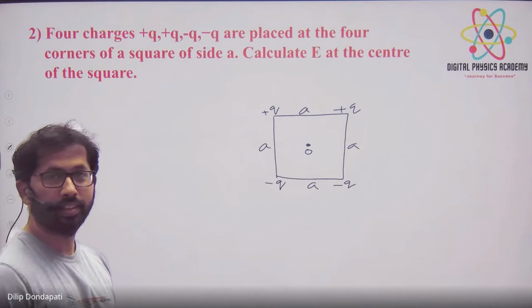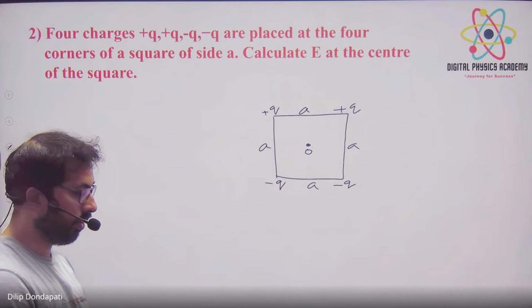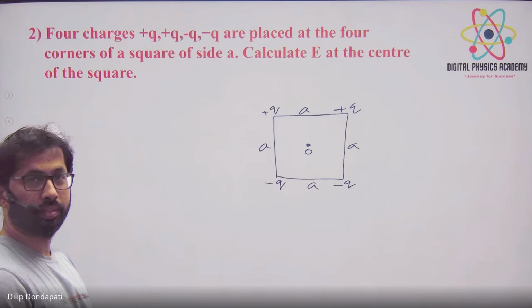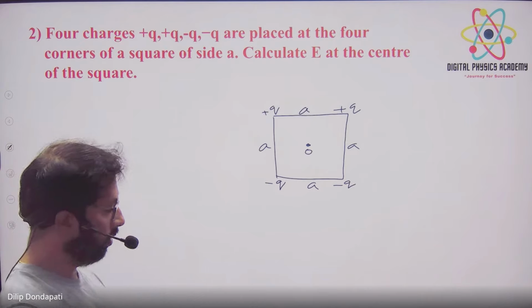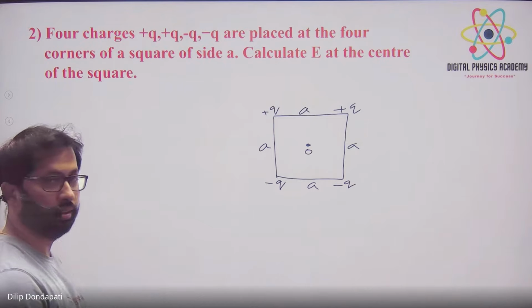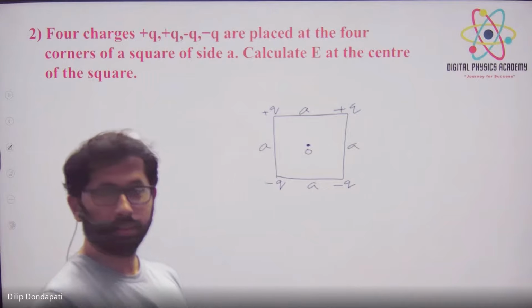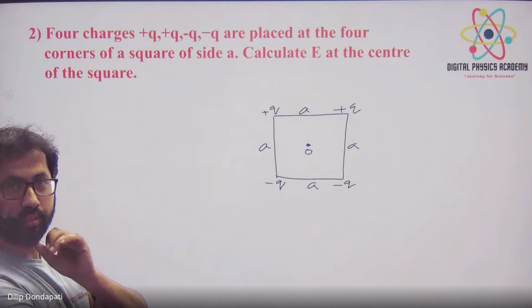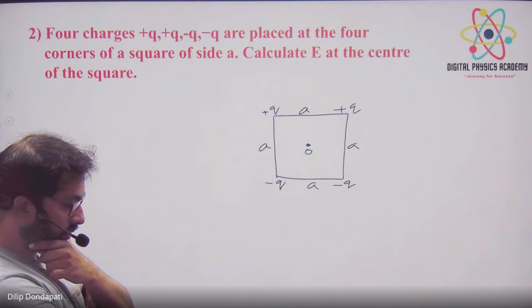Okay, we'll see. So 2 root 2 KQ by A square.